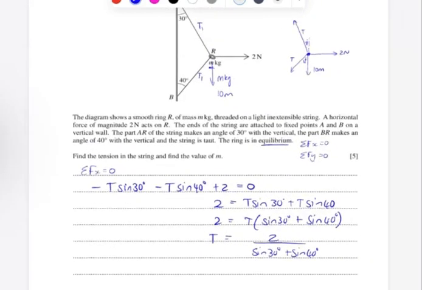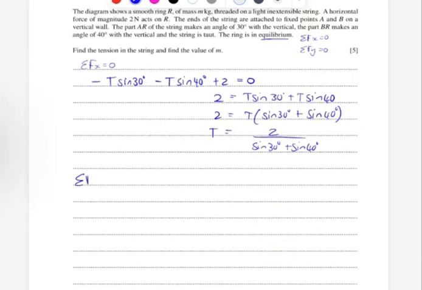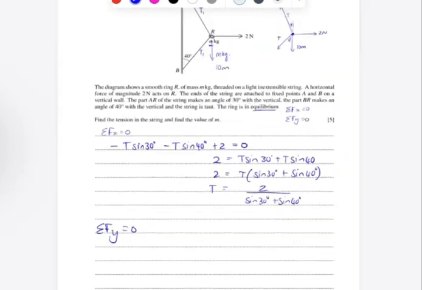Okay. Now, let's go. So that was the sum of my forces in my x. Now, the sum of my forces in my y direction is also 0. So if I look at my y direction, I've got t, and now we're looking at cos 30 minus t cos 40.